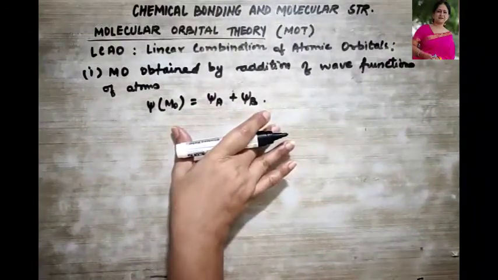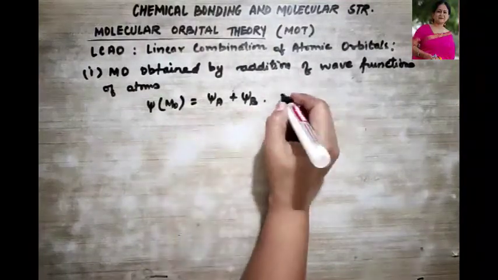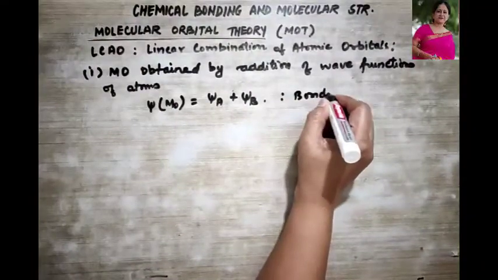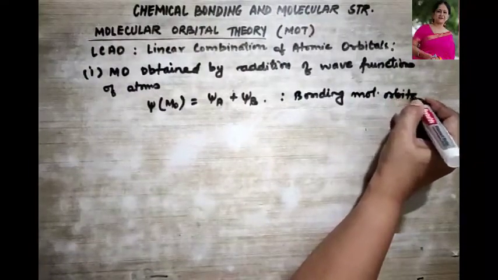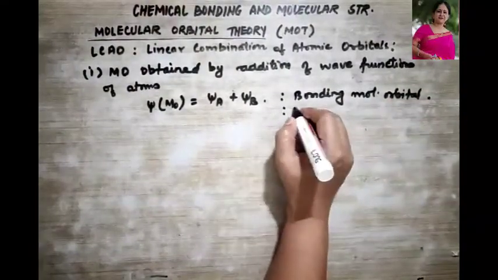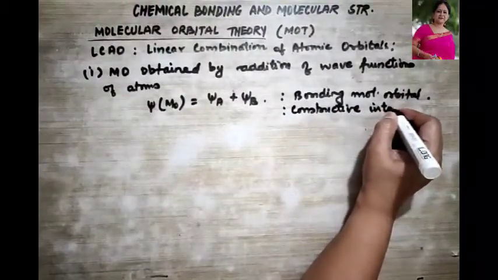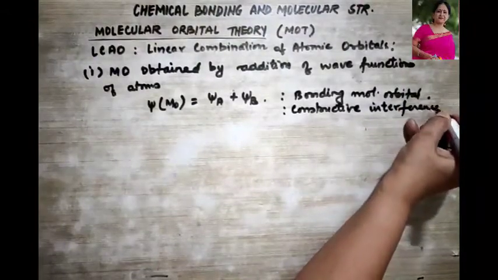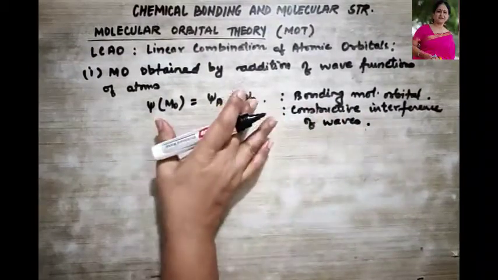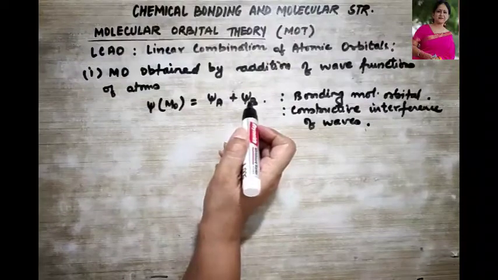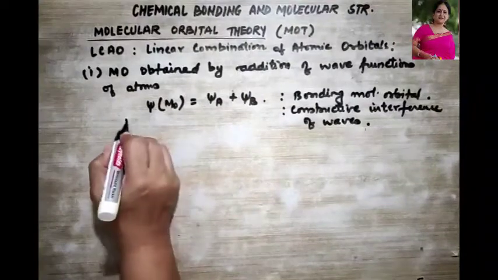So this molecular orbital is called the bonding molecular orbital, also called constructive interference of waves. Here the amplitudes of the two waves are added up, and hence we can say that these waves are in phase.